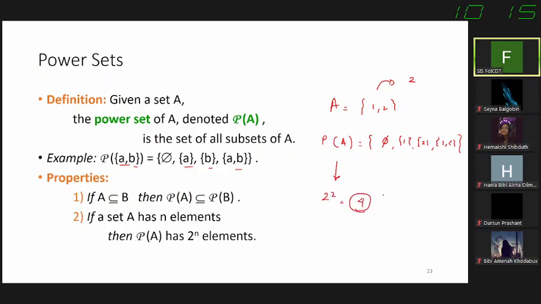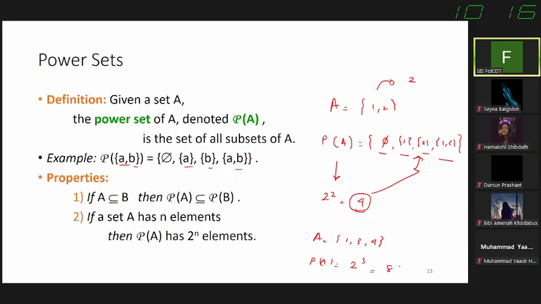So you need to end up with 4 elements. So if you count this, 1, 2, 3, 4. If a set has 3 elements, so the power set of A here, the number of elements is 2 to the power of 3. That would be 8 elements. Okay, so pretty simple to understand that.